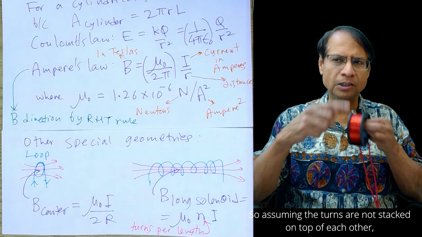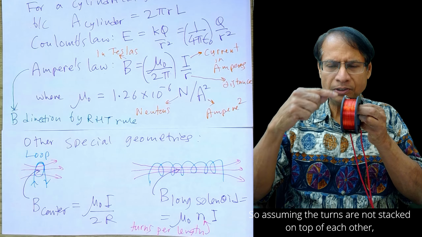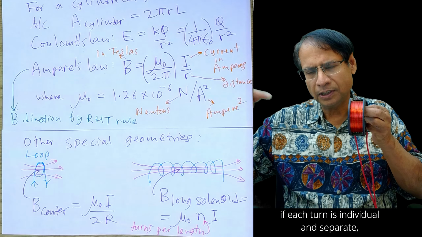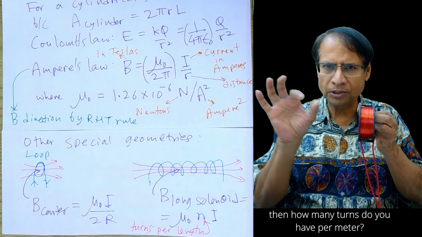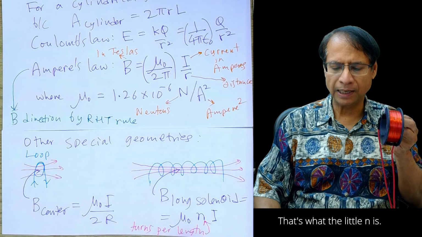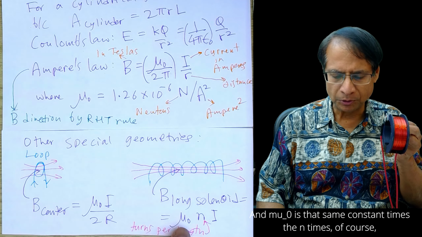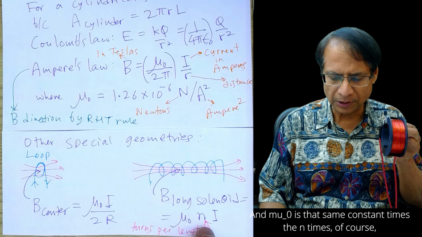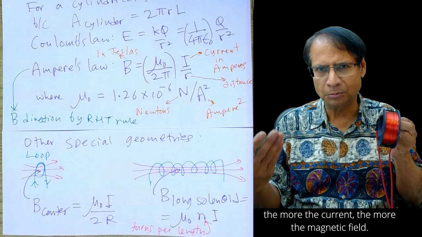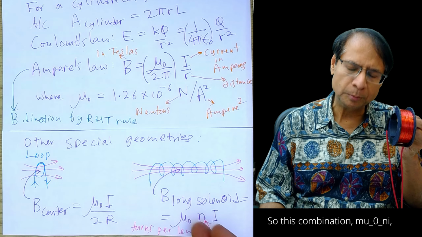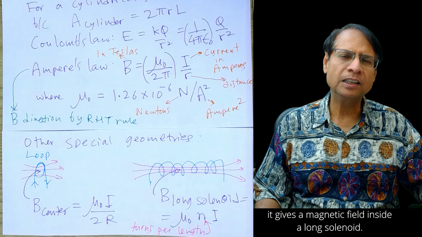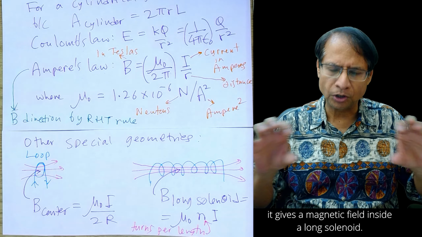So assuming each turn is individual and separate, how many turns do you have per meter? That's what the little n is. And mu 0 is that same constant, times n times, of course, the current. So this combination mu 0 n I gives you a magnetic field inside a long solenoid.